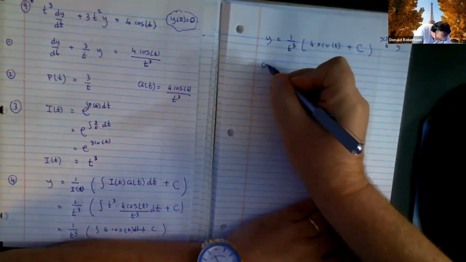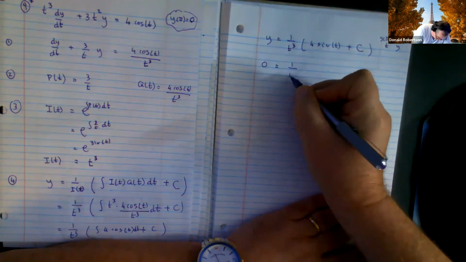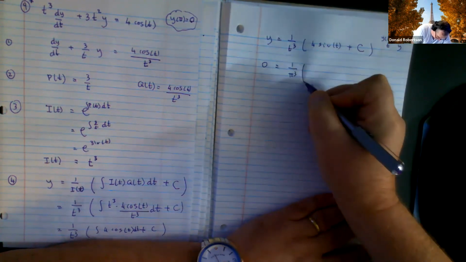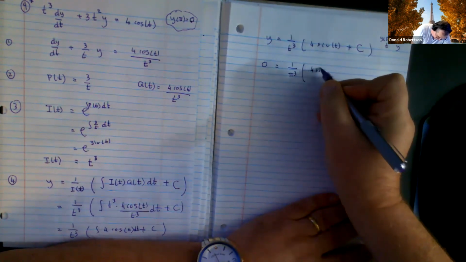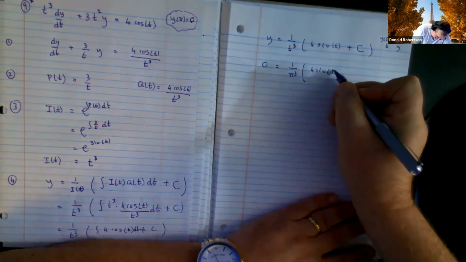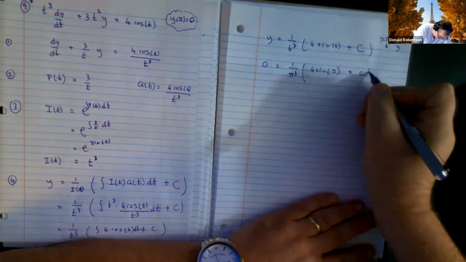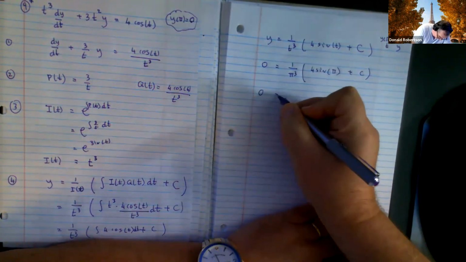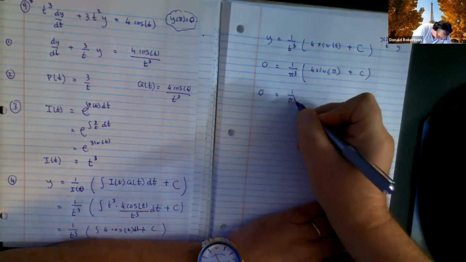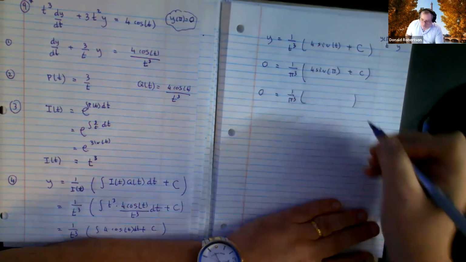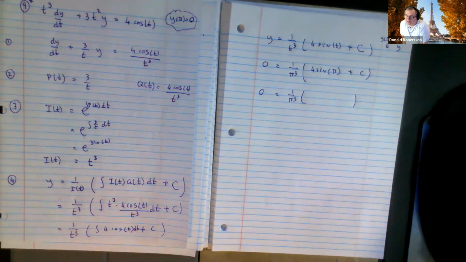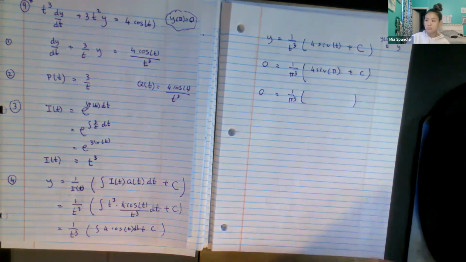So put a 0 there. 1 over pi cubed, 4 times sine of pi plus c. What number is the sine of pi, or 4 sine of pi? 0. Right.